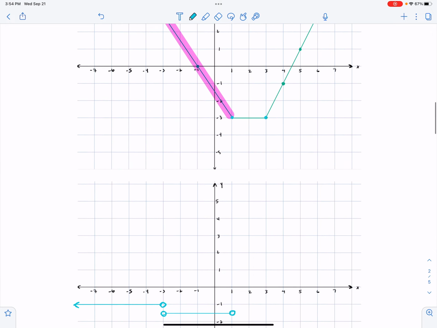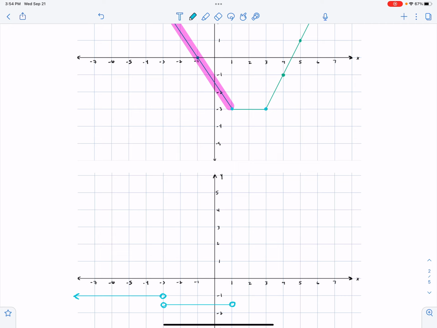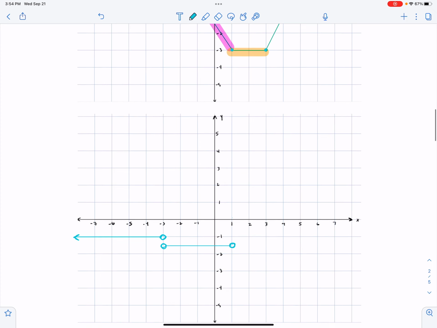Okay. And then between 1 and 3, well, that's a horizontal line, and the slope of a horizontal line would be 0. So between 1 and 3, y equals 0 is what g prime would look like.